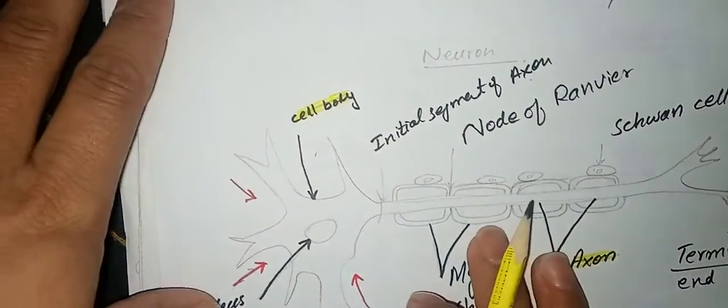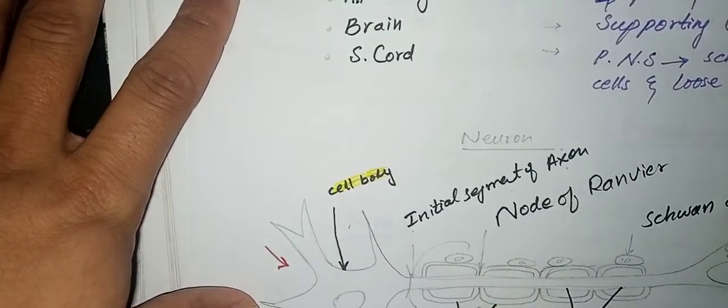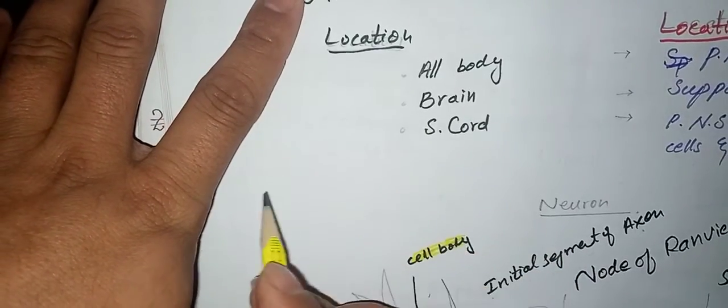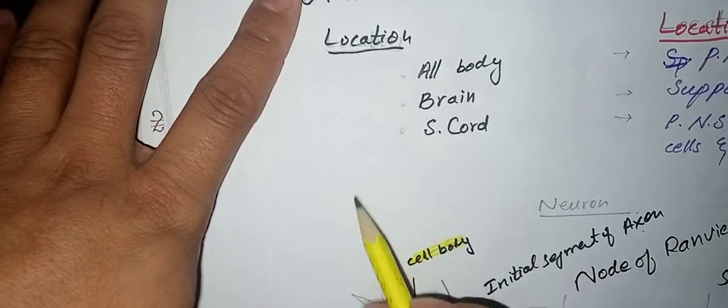So let me explain this point clearly. Suppose there are two types of Schwann cells.